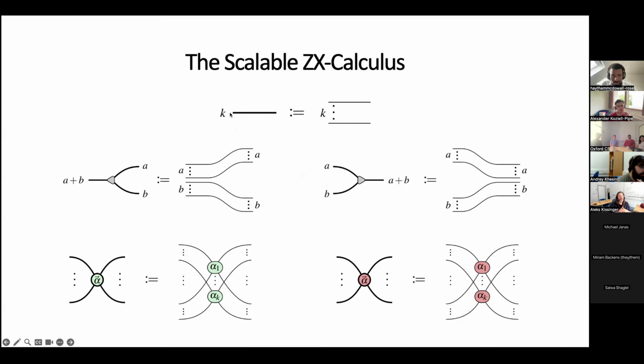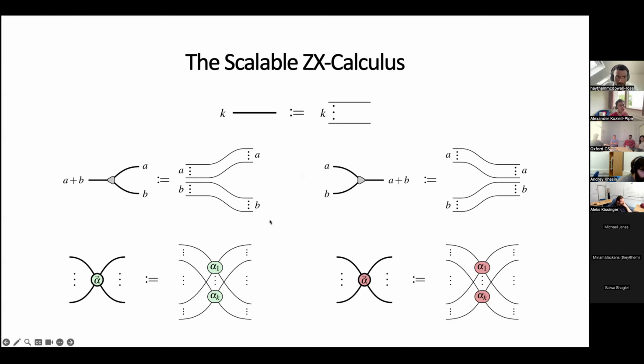And what we can also do is divide wires up, say you have A qubits and B qubits, we can make a wire of A plus B qubits, and we can split these wires up and fuse them together without doing any actual operations. These are just identity maps, essentially. So this will help us to work with many qubits at the same time.